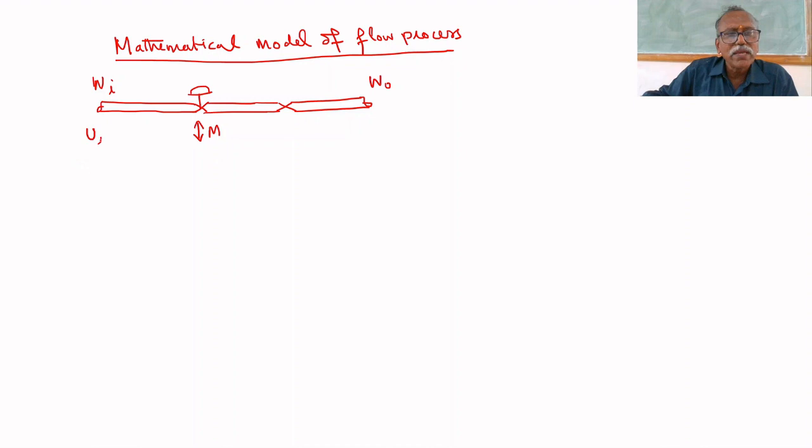Upstream pressure is Ui, downstream pressure is U naught.